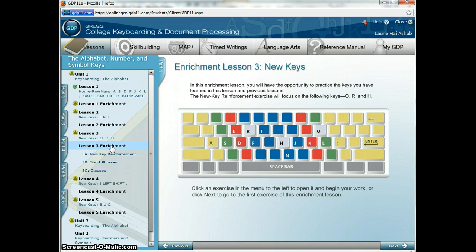If you find you need extra practice on lesson 3, go back and practice it again before you go to lesson 4. Then go to 4, practice the enrichment after you finish your lesson. If you find you want to go back in and practice lesson 3 again, use the enrichment exercises, practice lesson 4 again, use the enrichment exercises, or you can do the entire lesson again. Same thing with lessons 5 and 6.